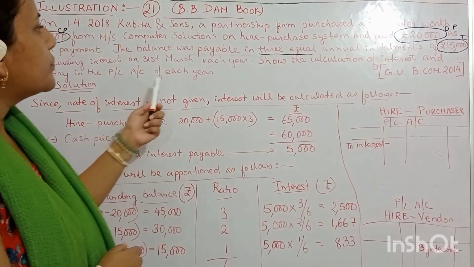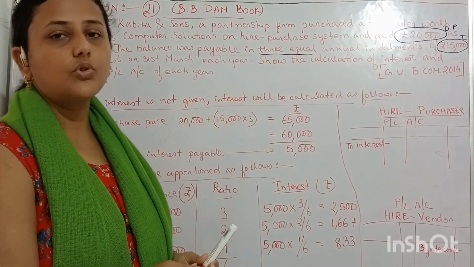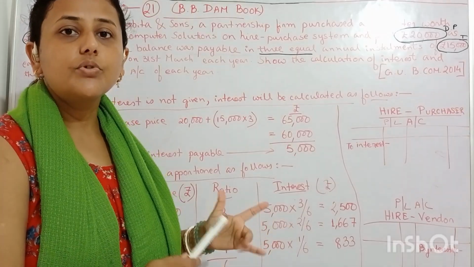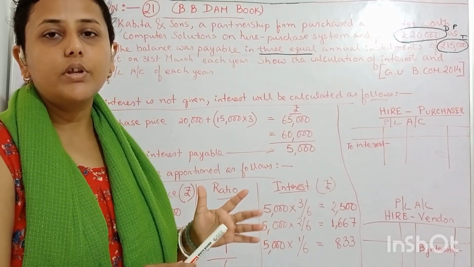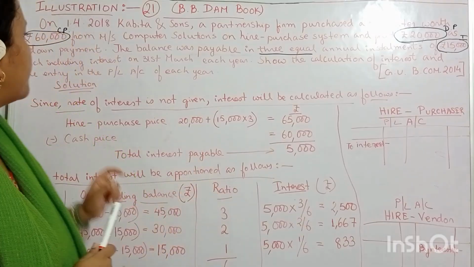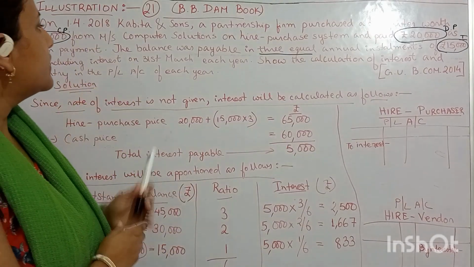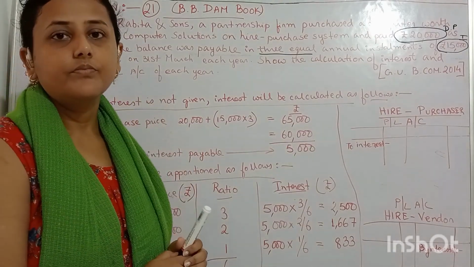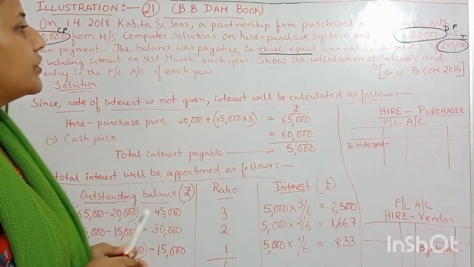The balance was payable in 3 equal annual installments of rupees 15,000 each, and the year ends on 31st March each year. Show the calculation of interest.